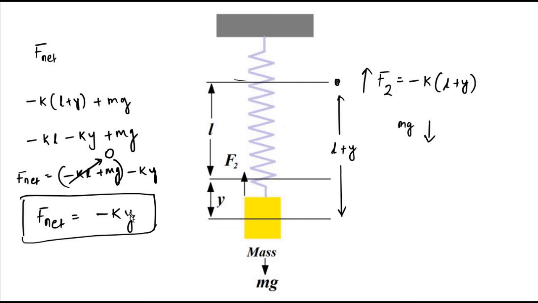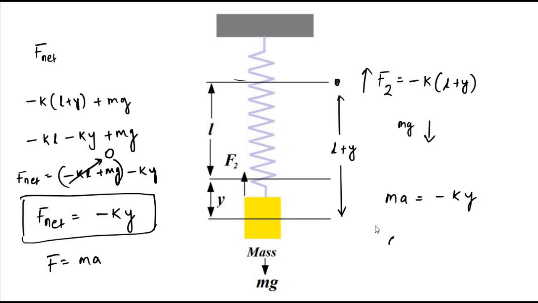Again here also, if we want to determine the time period and frequency, it will be in the same way. Using Newton's second law, force is equal to mass into acceleration. So we can equate mass into acceleration to minus Ky.